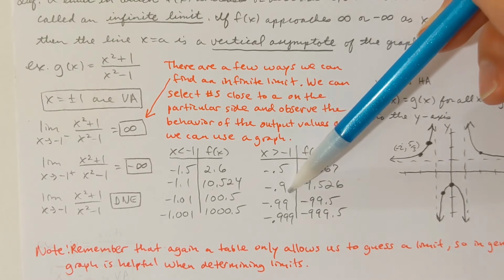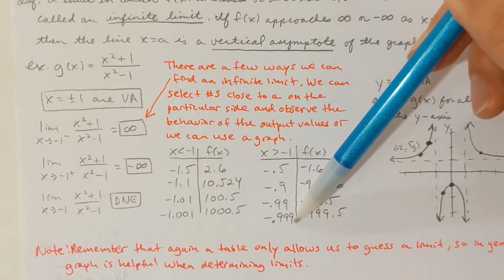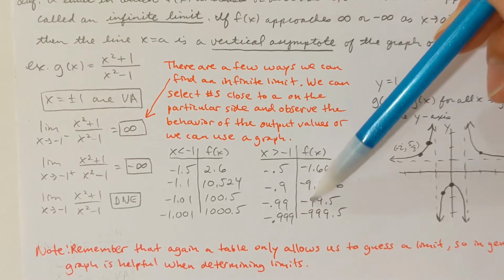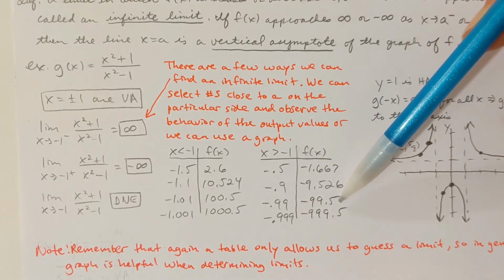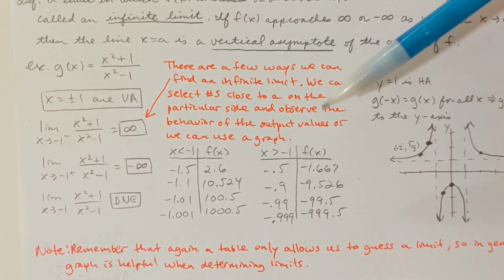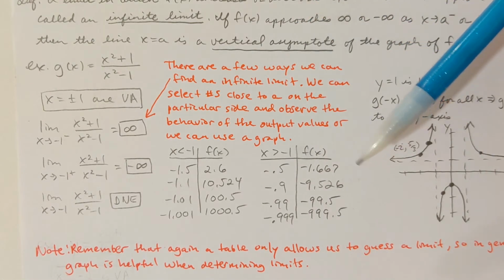And I've selected some values, getting closer to negative 1 on the right, and I can see the output here. Now it looks like from the table I'm producing output values that are growing in the negative direction. So I would conclude that the value of that limit would be negative infinity.